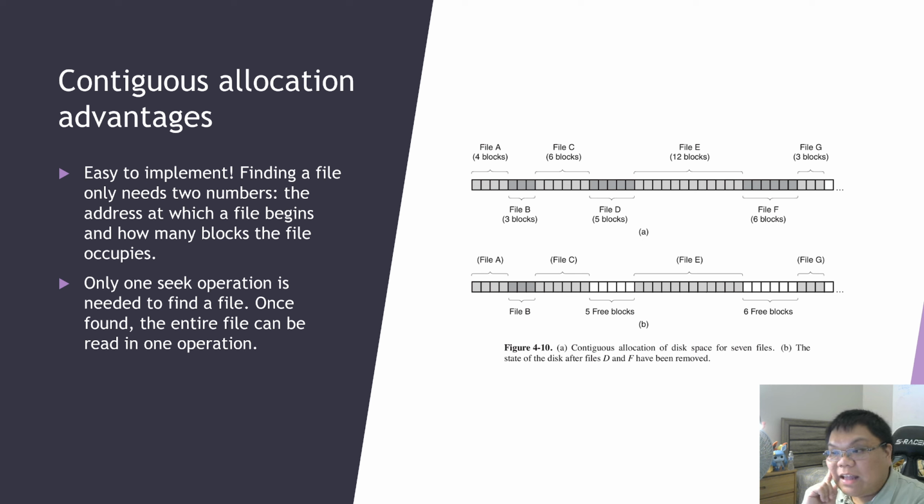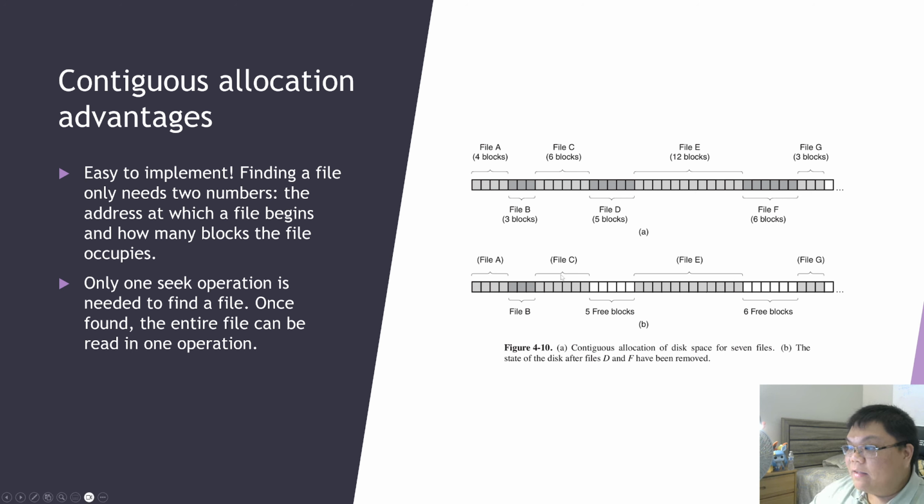At least the advantage to contiguous allocation is that it's easy to implement and easy to find a file. To describe a file requires only two things. At what block does the file begin, and how many blocks does the file extend for?